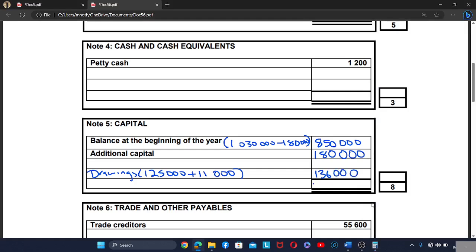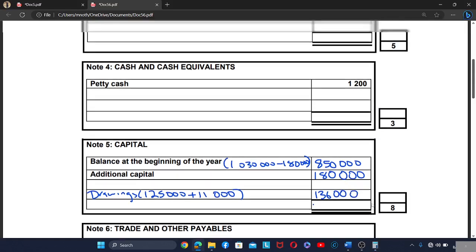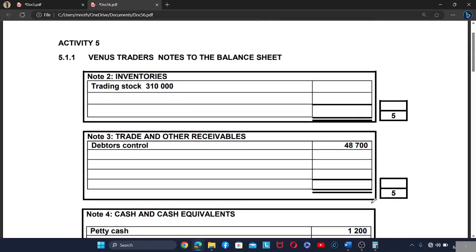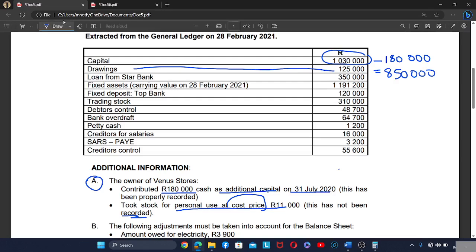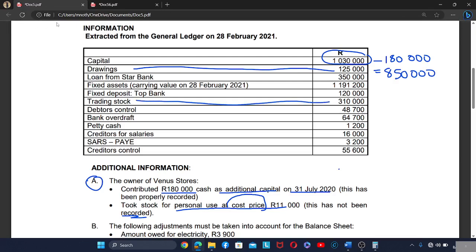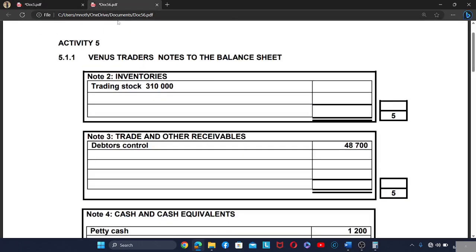Now the question is, when the owner is taking the trading stock for personal use, what is supposed to happen to the trading stock? The trading stock is supposed to decrease. So you can see that the trading stock in the trial balance is 310,000, right? And you know that the trading stock falls under the inventories.